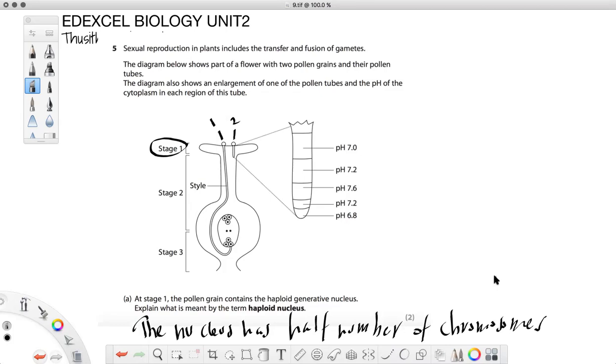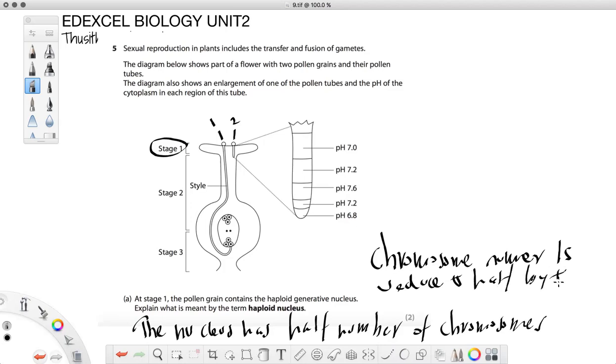So the general idea is that a haploid nucleus has half the number of chromosomes. This number of chromosomes is reduced to half by the process of meiosis, right?